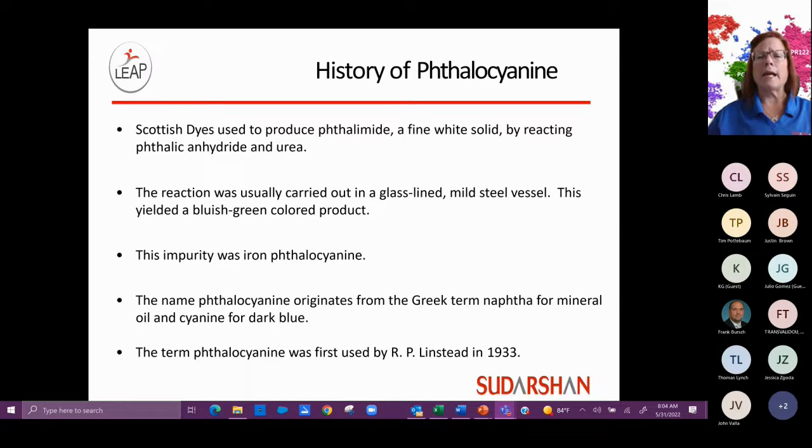The reaction was carried out in a glass-lined mild steel vessel, which yielded a bluish green colored product. This was considered an impurity, and it was called iron phthalocyanine. The name phthalocyanine originates from the Greek term naphtha for mineral oil and cyan for dark blue. The term phthalocyanine was first used by R.P. Lindstedt in 1933.